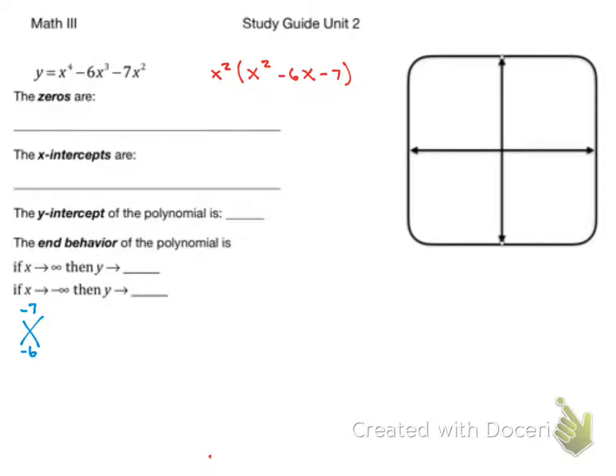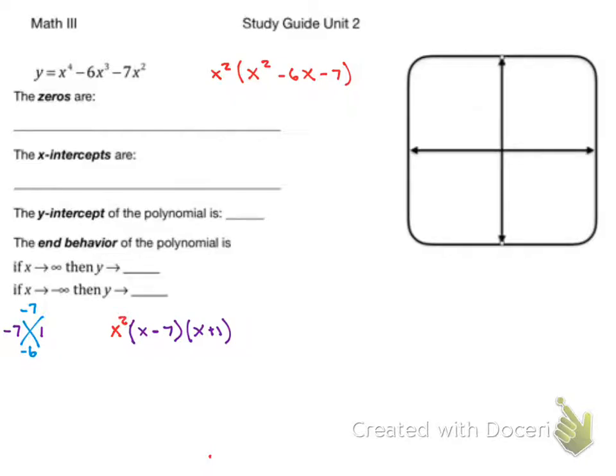We figure out what multiplies up to -7 and adds to -6. That's going to be -7 and 1. So the quadratic in the parenthesis is going to factor into x minus 7 times x plus 1. And remember that we had that x squared on the outside, so here's my x squared that I'm bringing down.